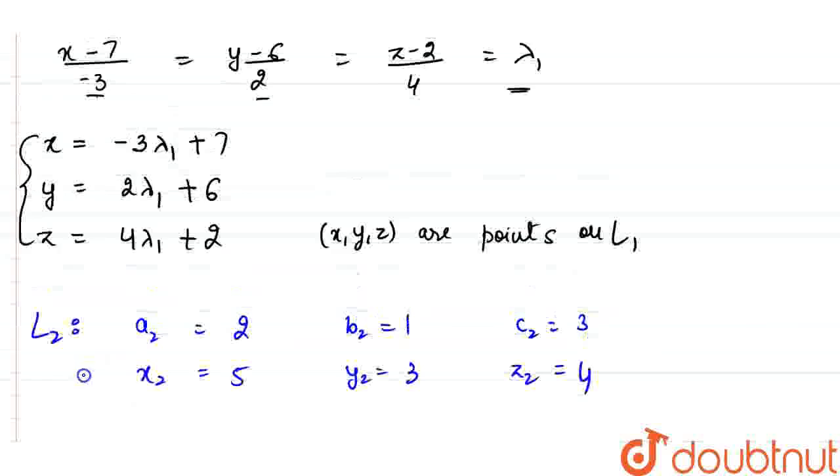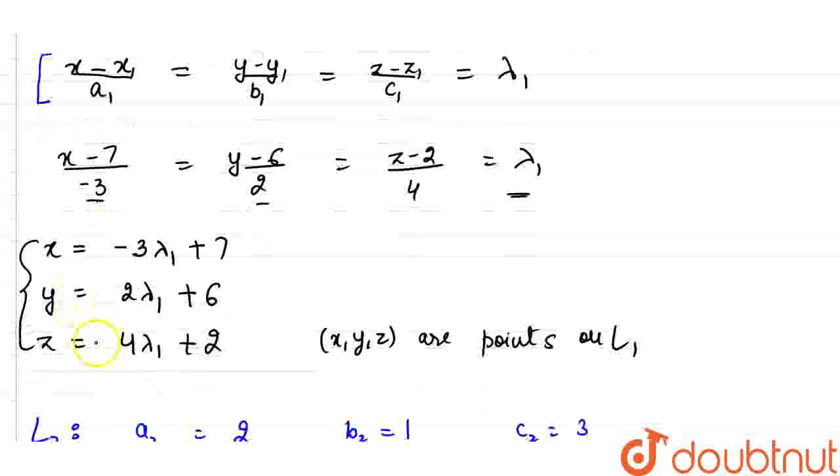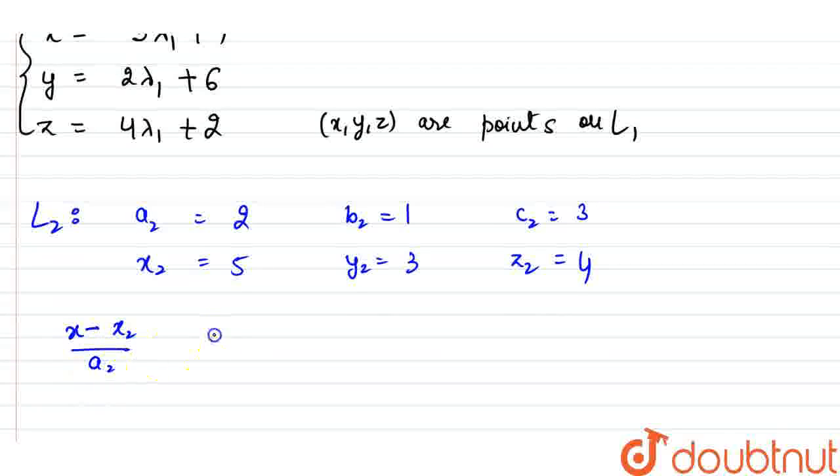Now similarly, by using the Cartesian equation of a line, we have (x minus x2) divided by a2, (y minus y2) divided by b2, (z minus z2) divided by c2.